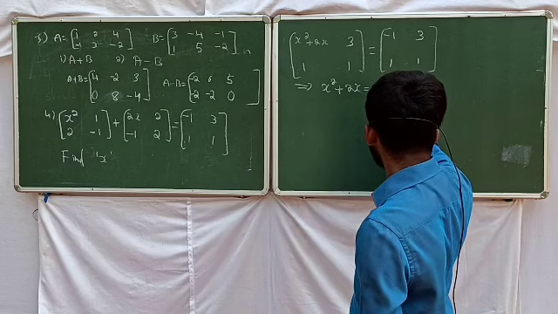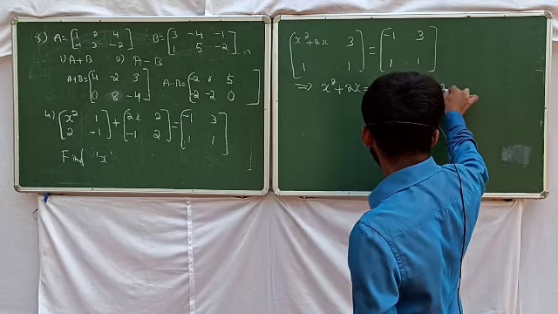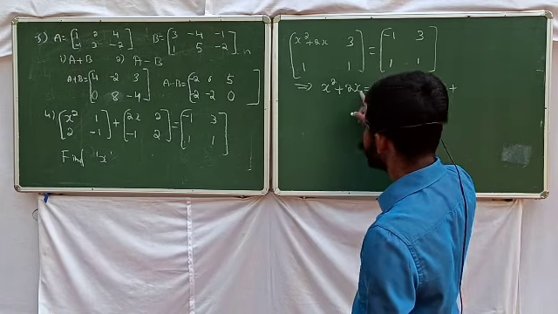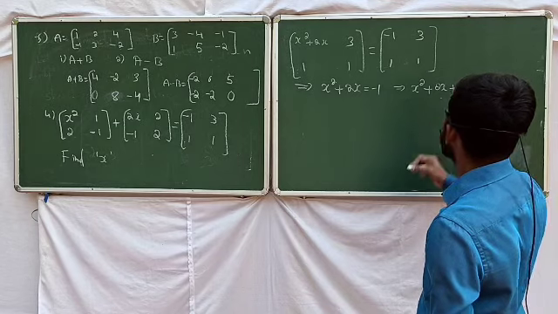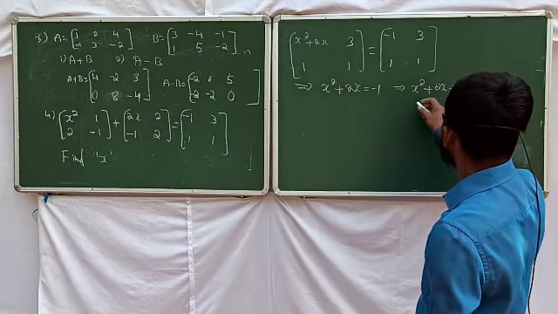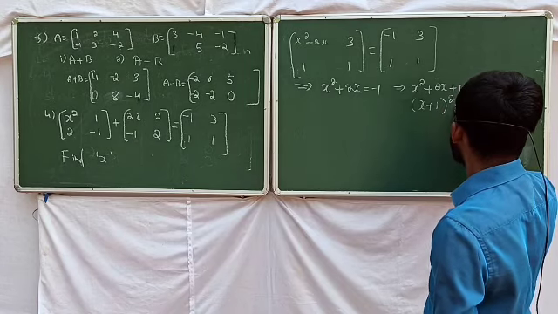Now simplify, that is x square plus 2x, shifting minus 1 to the left hand side, plus 1 is equal to 0. This is nothing but the expansion of x plus 1 whole square equal to 0.